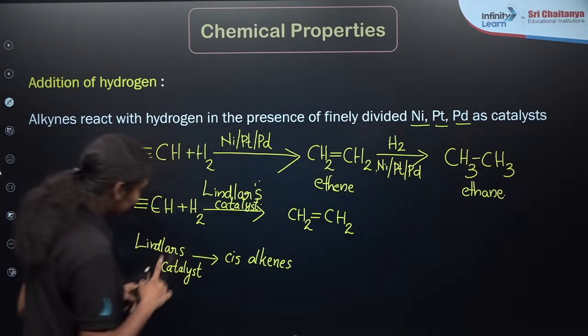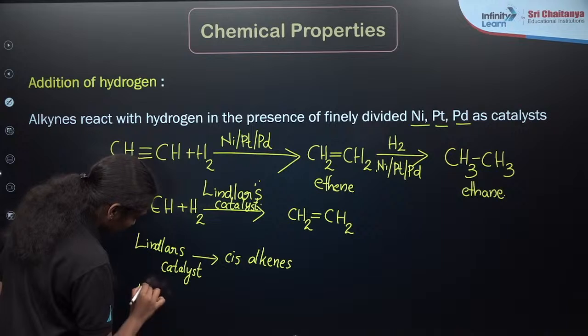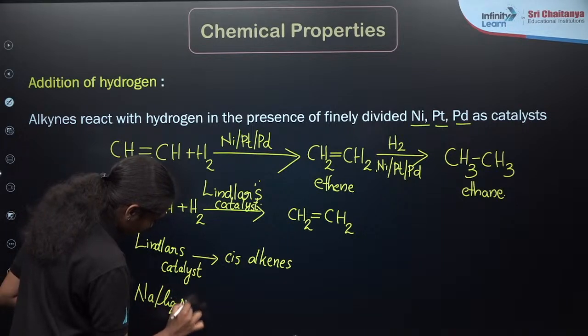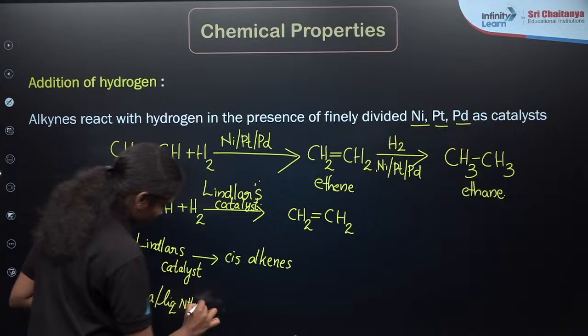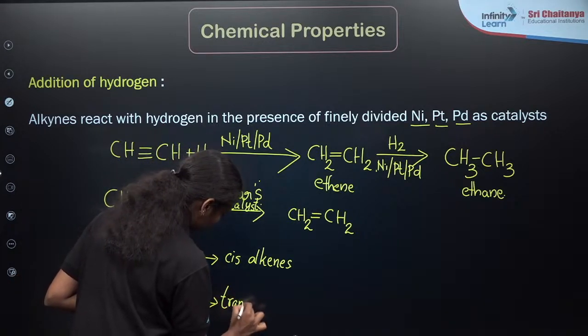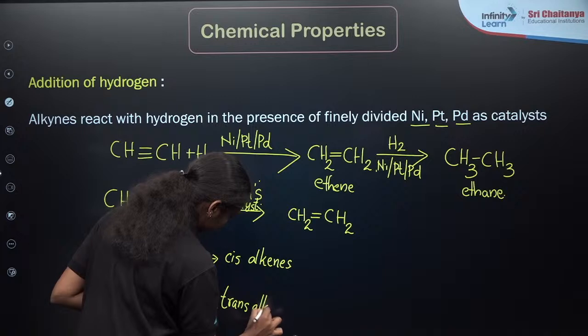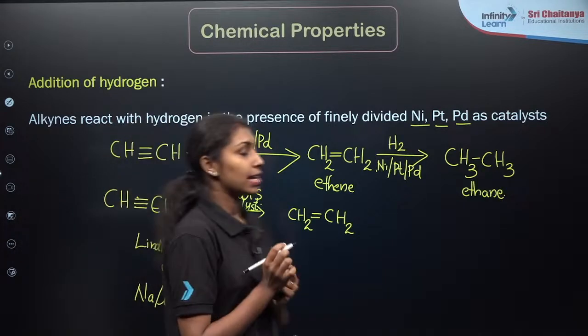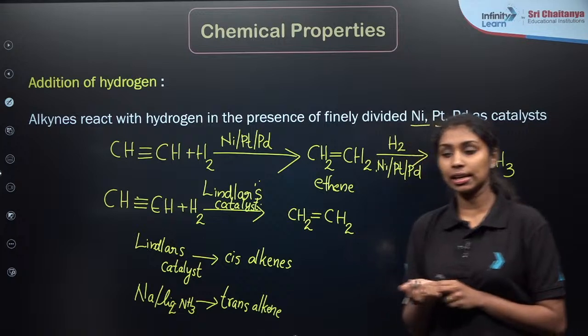Then instead of Lindlar catalyst, if I am using sodium in liquid ammonia, I will get a trans alkene here. Okay, this is one of the methods of preparation of alkenes, as we already discussed in the alkanes part. Is that clear?